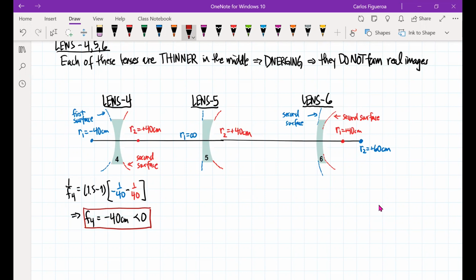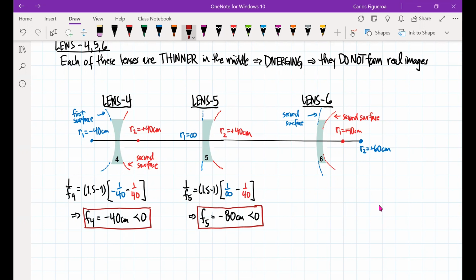Now let's go calculate lens 5. If I look at lens 5, this will be 1.5 minus 1. And then I have 1 over infinity, and then this guy is going to be 40 over 1. You could see here that f5 is then going to be equal to minus 80 centimeters, which again is a negative focal length.